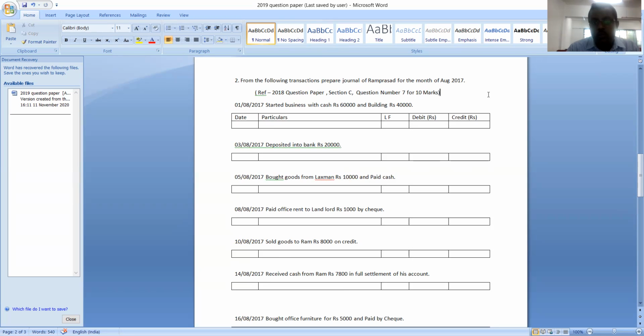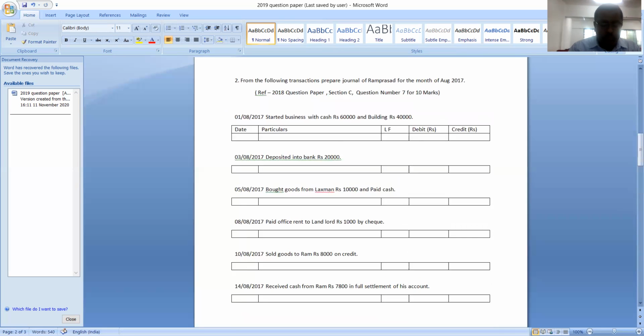What you people should do, before making the format of the journal, is first write one statement: solution, journal entries in the books of Ram Prasad.